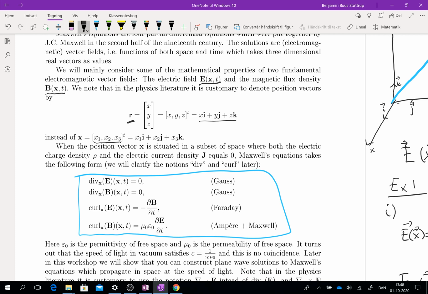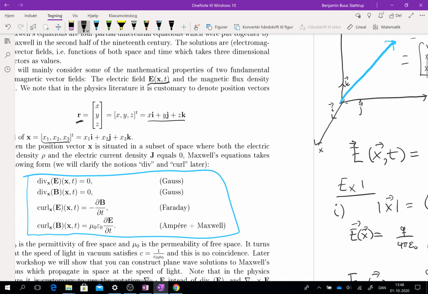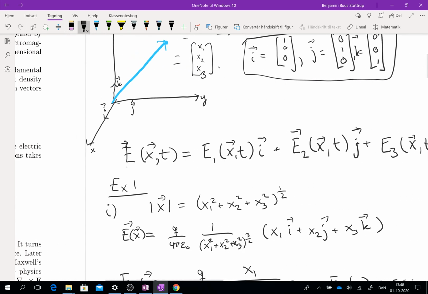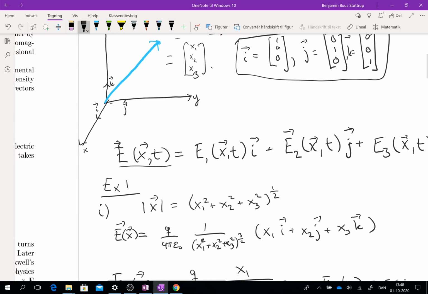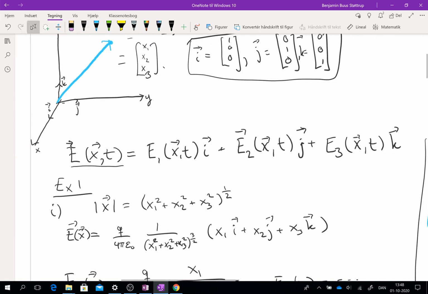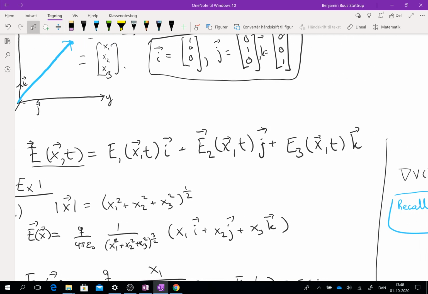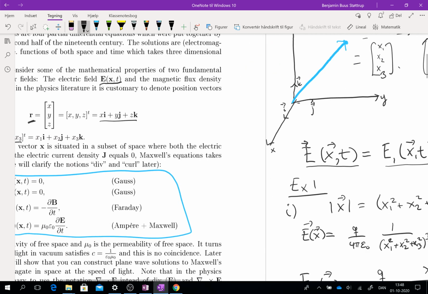So we have the spatial coordinate and the time, and then what you get out is a vector. So for example, if we consider E, the vector you get, E of x and t, you can also decompose that into a first coordinate, which is of course then multiplied by i, a second coordinate which is multiplied by j, and a third coordinate multiplied by k. So that is the setup.